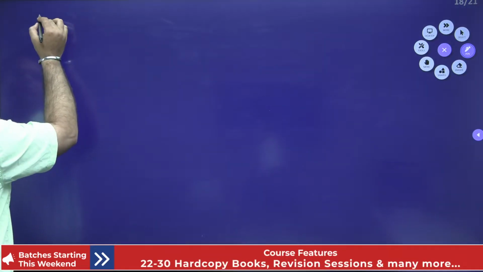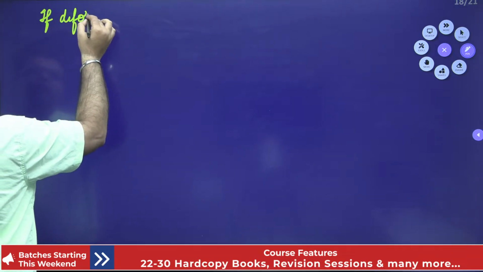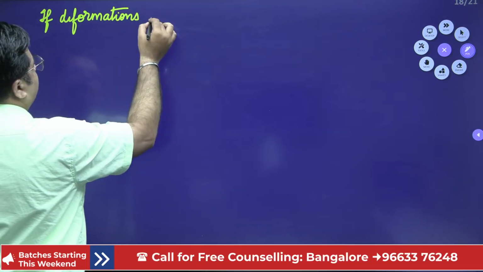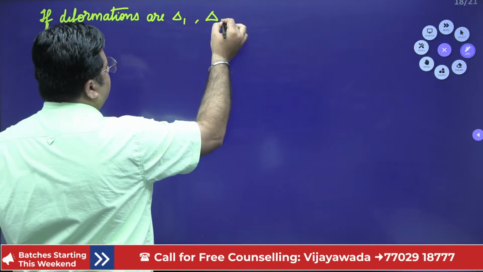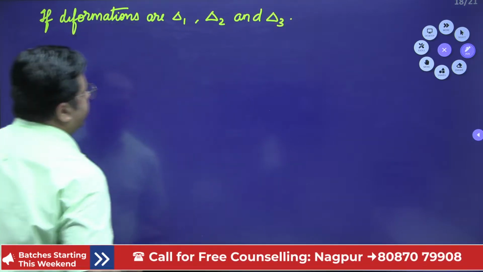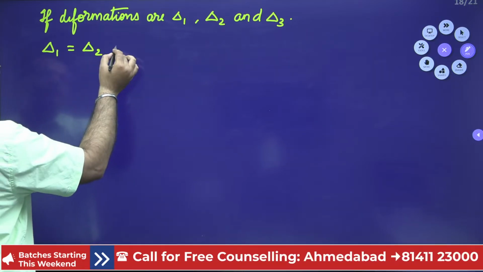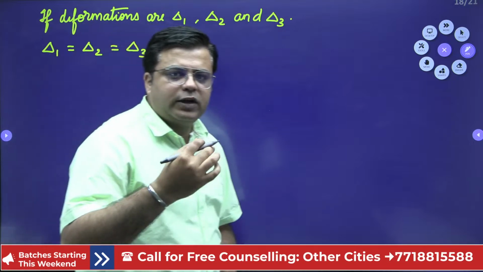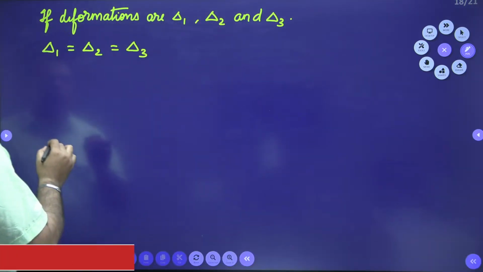So if deformations are delta 1, delta 2 and delta 3, then your delta 1 is equal to delta 2 is equals to delta 3, right? So using any of the deformation, you can calculate the total deformation for the members.